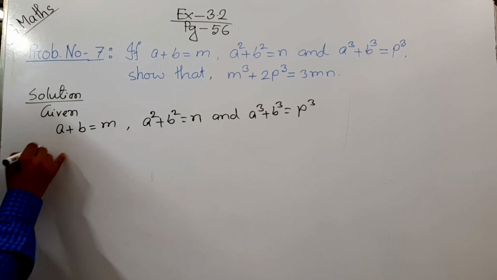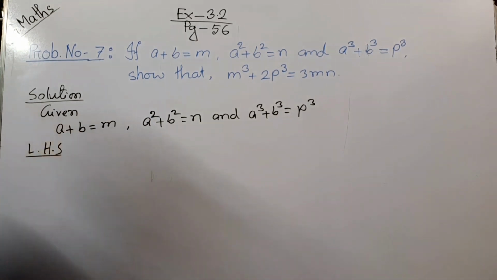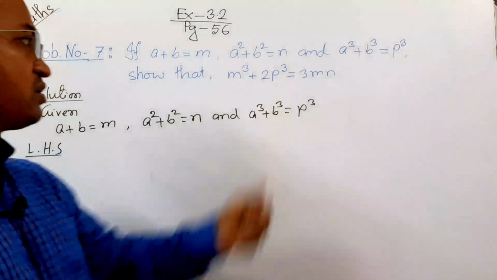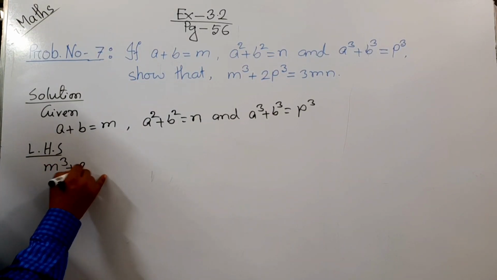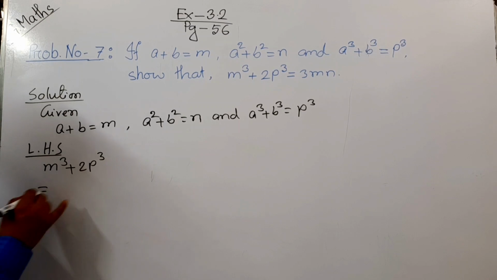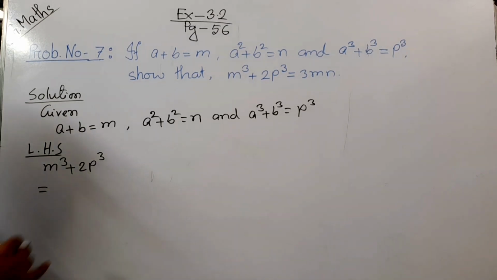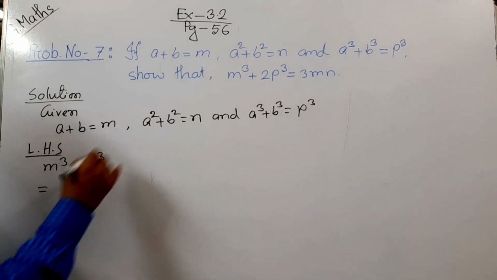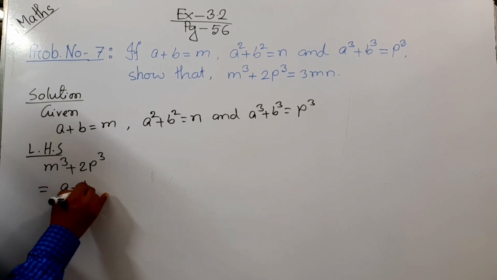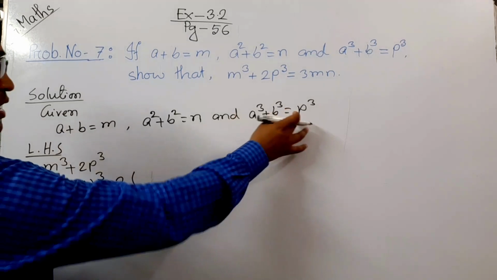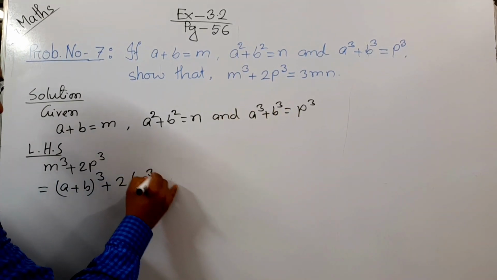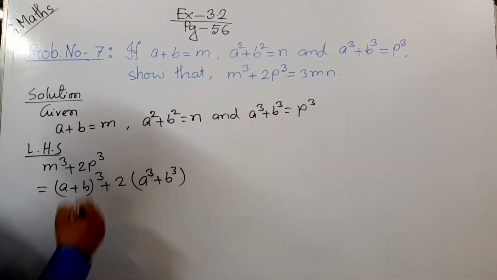So we will take the left hand side to prove it. m cube plus 2 p cube, that is a plus b whole cube plus 2 p cube, that is a cube plus b cube.